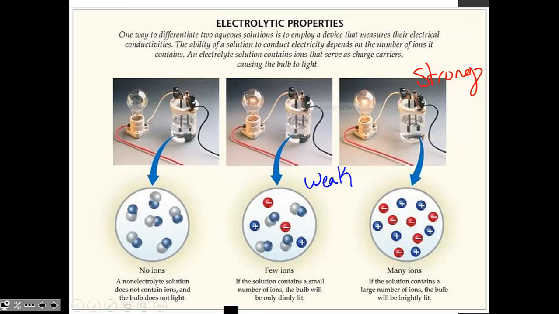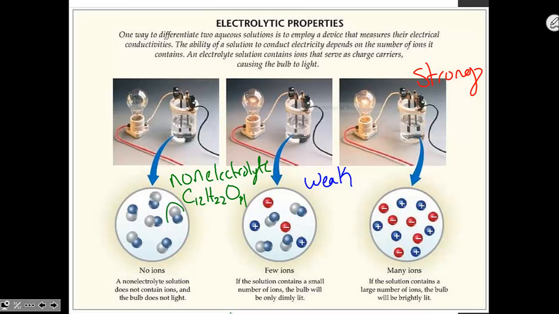But if you place a compound in solution and none of them form ions, this is known as a non-electrolyte. Non-electrolytes are traditionally covalent compounds, so things like sugar. Sugar is a non-electrolyte.